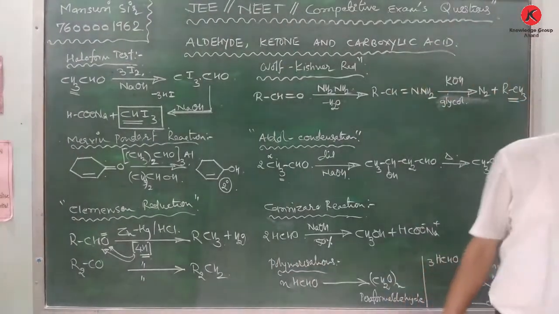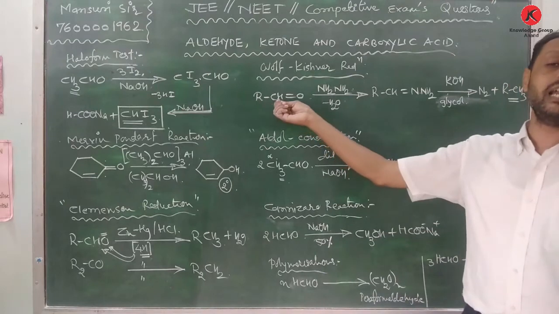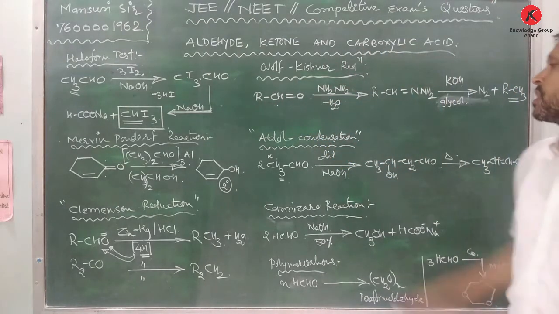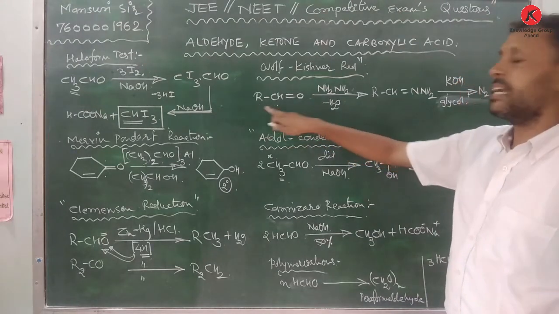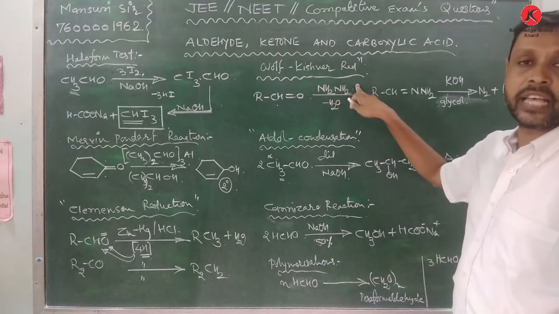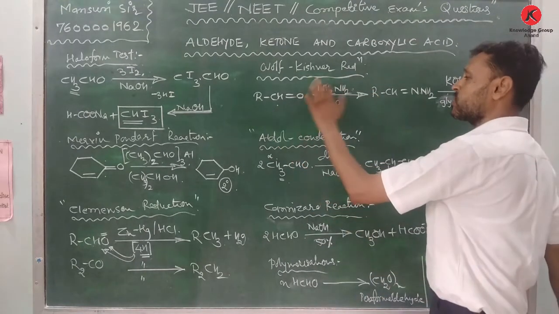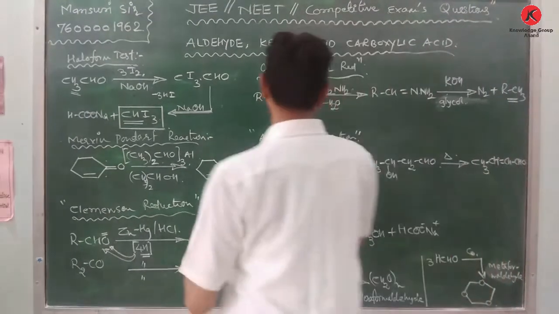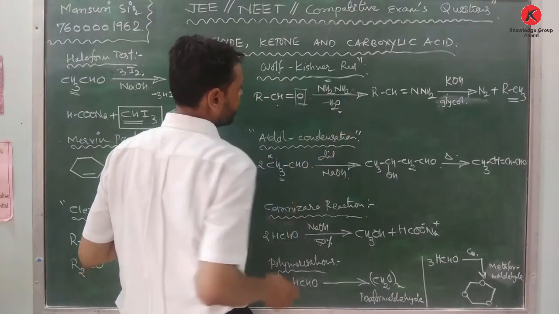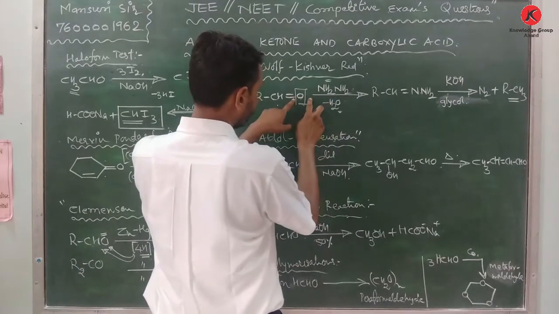Now in Wolff-Kishner reduction, aldehyde is converted to alkane. How is it possible? Let me see. Here you are given aldehyde, now RCHO. Aldehyde reacts with NH2NH2, that means hydrazine, and forms first of all a water molecule. H2O will be removed. Now =NNH2 is going toward there.